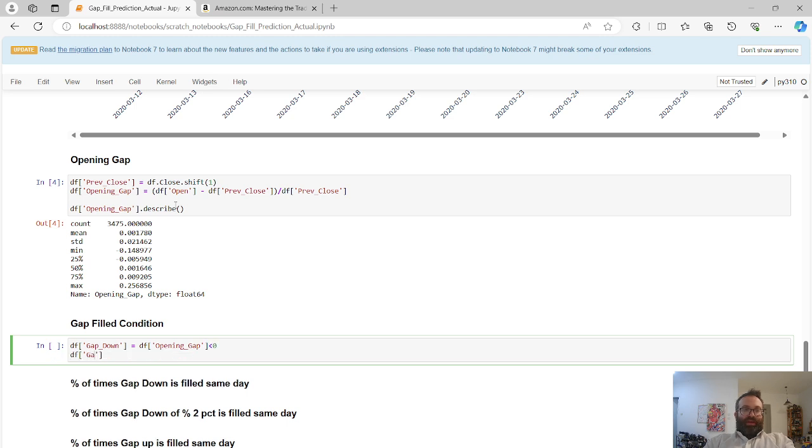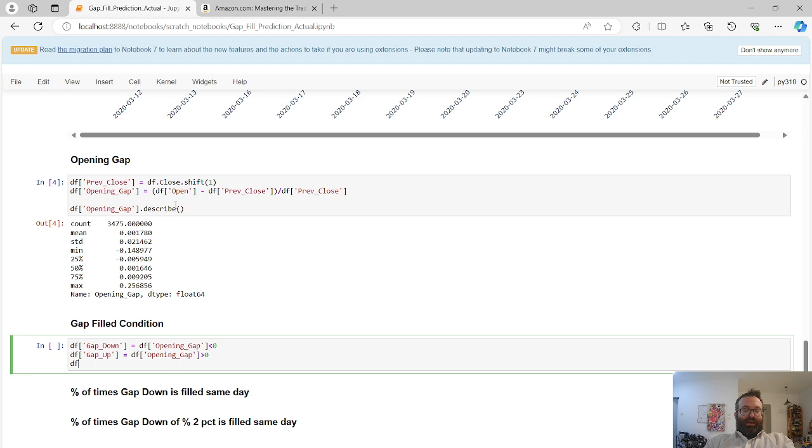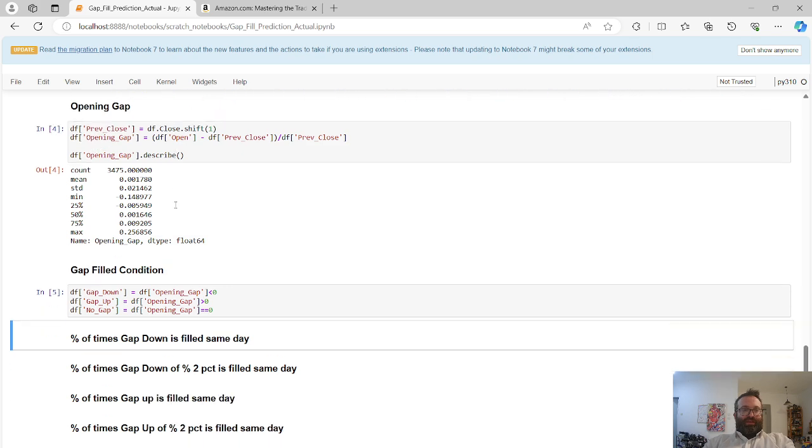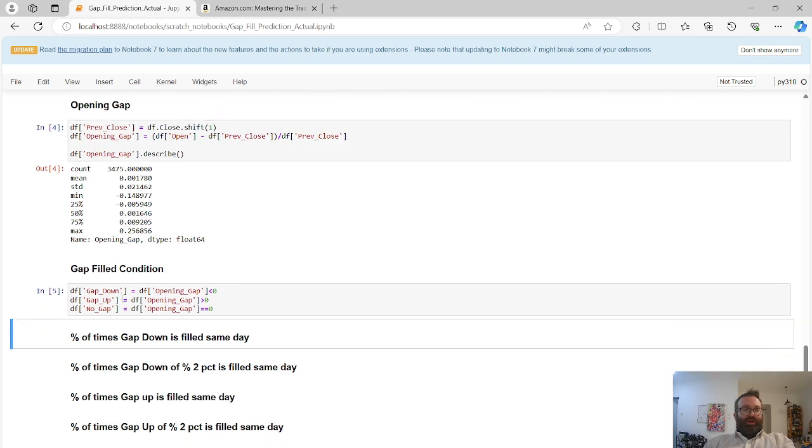And similarly, df gap up would be df opening gap greater than 0. And let's just add the case where the price is the same, at least to the nearest decimal. And this will be df opening gap equals 0. Okay, so this is where there's no gap.